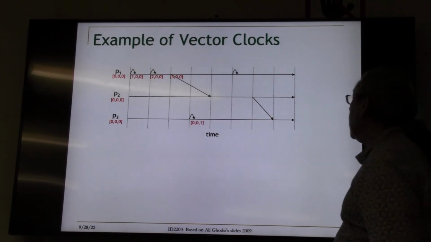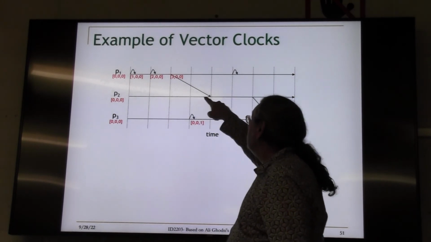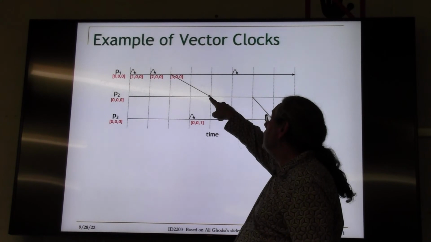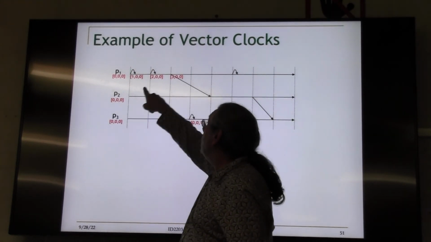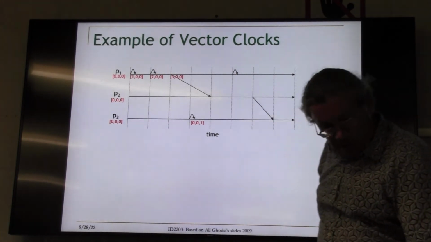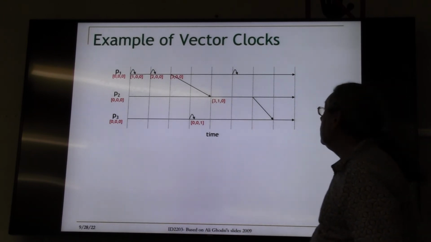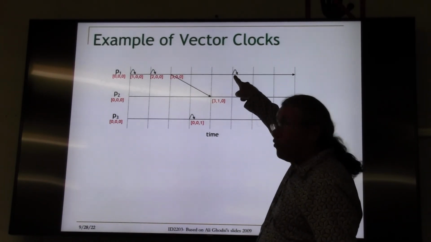Okay. And here now, I have a piggyback. So it's 3, 1, 0. So the max, but I also have to increment that. So it's 3, 1, 0. And here, what do I have? 4, 0, 0.